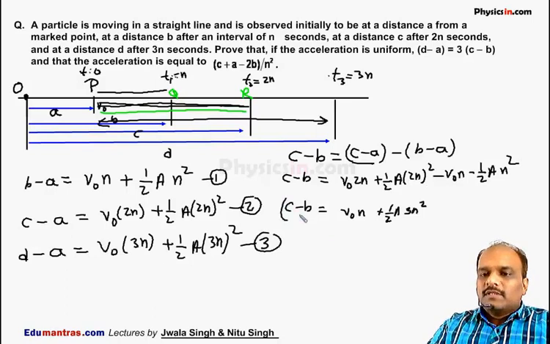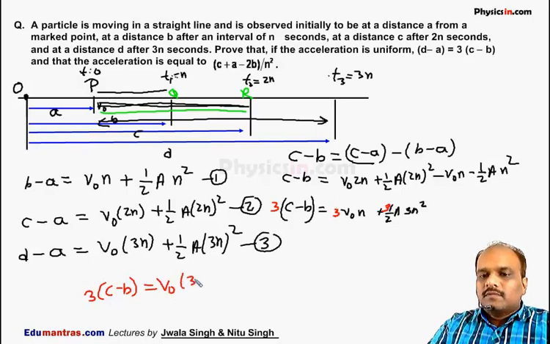If I multiply this whole expression by 3, I get 3 times c minus b equal to v naught into 3n plus 1 by 2 a into 3n whole square.